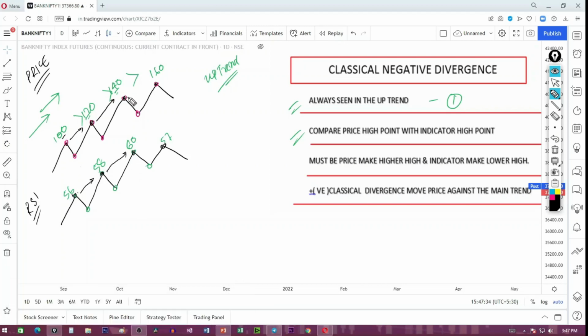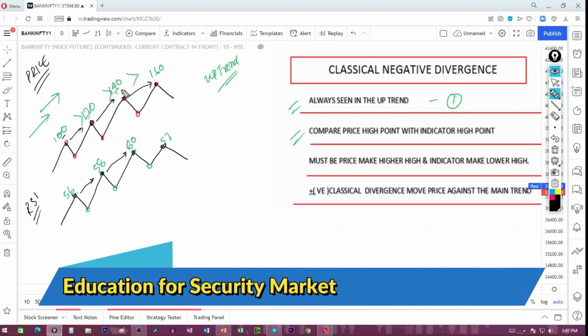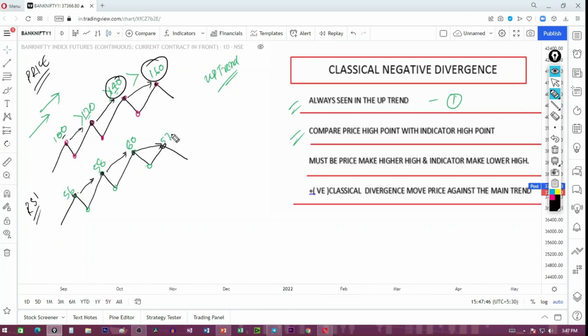And at this point, price makes a higher high, 140 to 160, but at the same time RSI makes a lower high, 60 to 57. And 57 is a lower value than 60. Price makes a higher high and RSI, our indicator, makes a lower high. This scenario is known as RSI negative classical divergence.